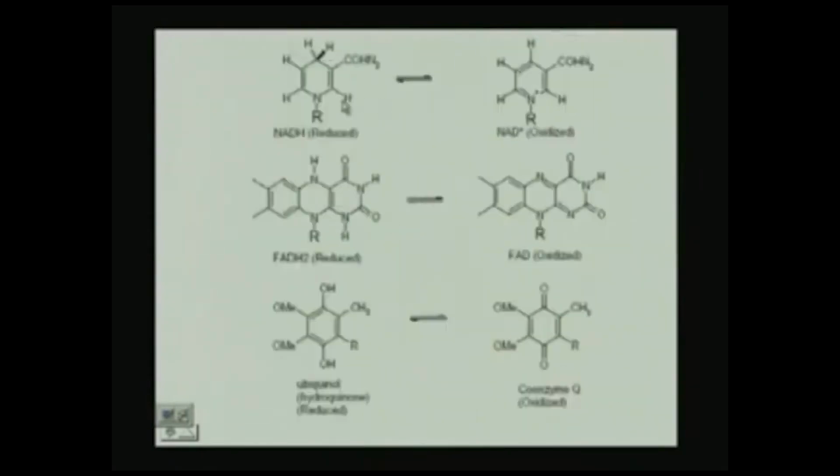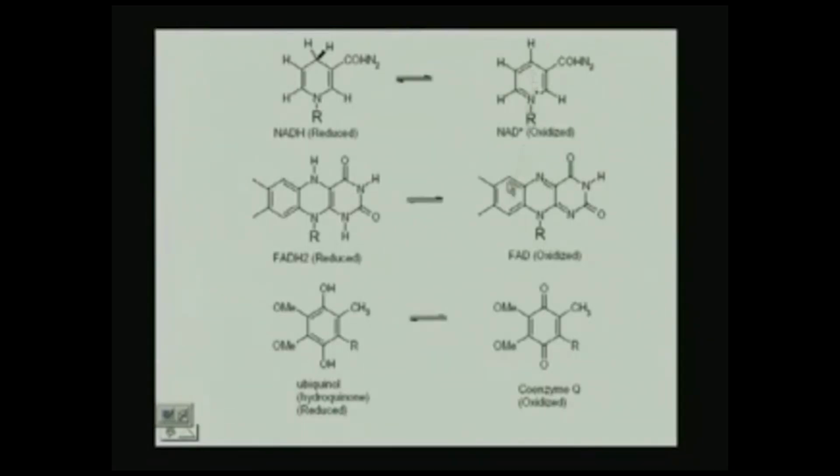Okay. So, just summarizing, we have the reduced forms of all the electron transfer cofactors, the usual ones. From NADH, NAD plus is the oxidized form, we have FADH2 the reduced form and FAD the oxidized form, we have ubiquinol the reduced form and ubiquinone or coenzyme Q is the oxidized form. Okay. So, in each case you have to know at which point the hydrogens are added.